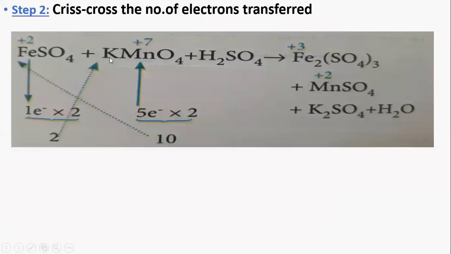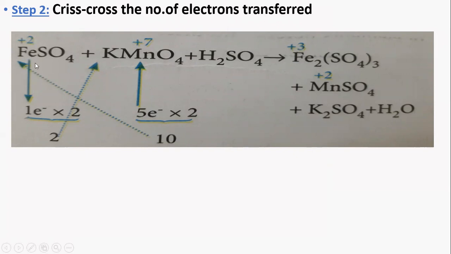Let me move on to the second step: crisscross the number of electrons transferred. Crisscross is nothing but cross multiplying. See here in this example, I have written the same reaction. We know that FeSO4 on the reactant side has +2 oxidation state, whereas here it is +3. Here what we have to do is cross multiply.